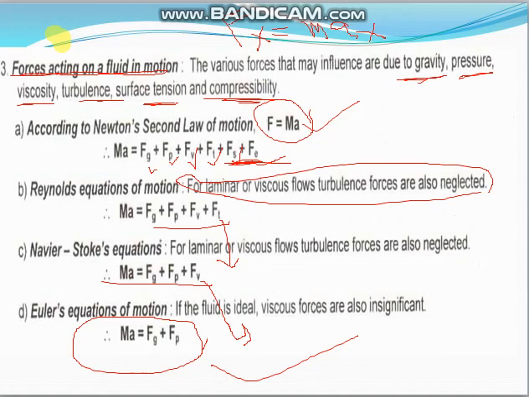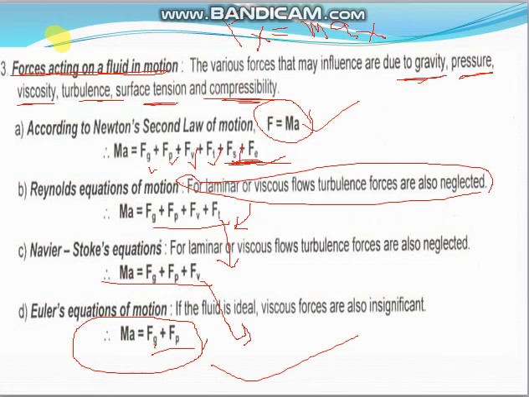But coming to the Reynolds equation, by neglecting the surface tension and compressible forces, the remaining equation is rewritten. That is, the Reynolds equation of motion gives gravity, pressure, viscous and turbulence, whereas the Navier-Stokes equation is given as pressure and viscous by neglecting turbulence forces, whereas in Euler's equation of motion, for the fluid is ideal, we consider gravity and pressure.